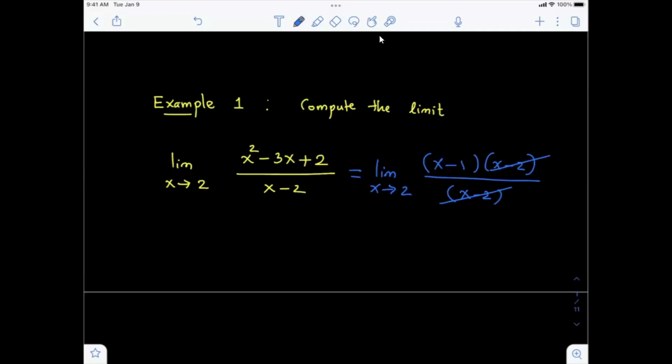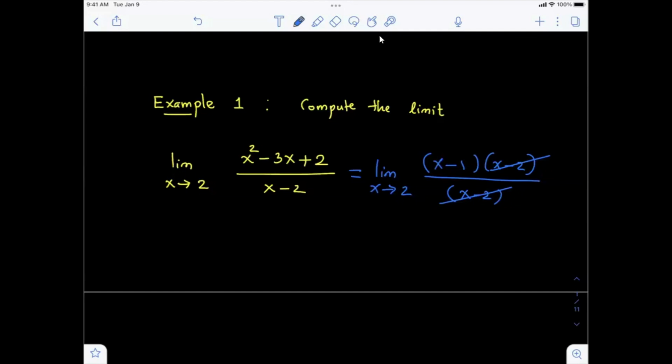Don't forget the very starting step of limits. I told you, when it comes to limits, we are not looking at the function value at that point. What we do is exploring the function value around that point. So when you consider around, when you consider the proximity, actually x minus 2 is not 0. Therefore, you can cancel it with each other.